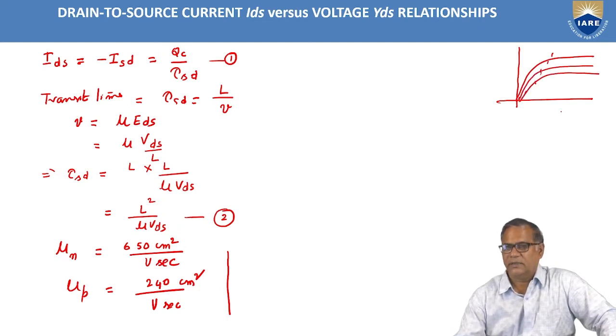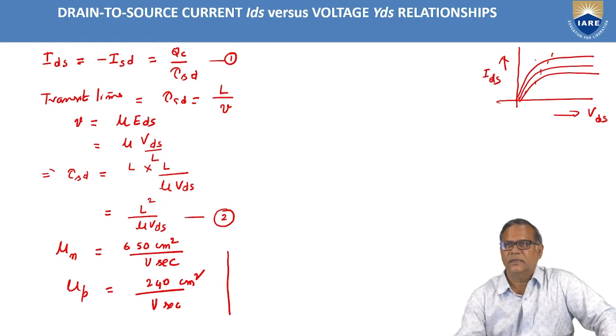These are the MOSFET characteristics. On the x-axis, we have VDS. On the y-axis we have the IDS. So here this is the non-saturation region and this is the saturation region.